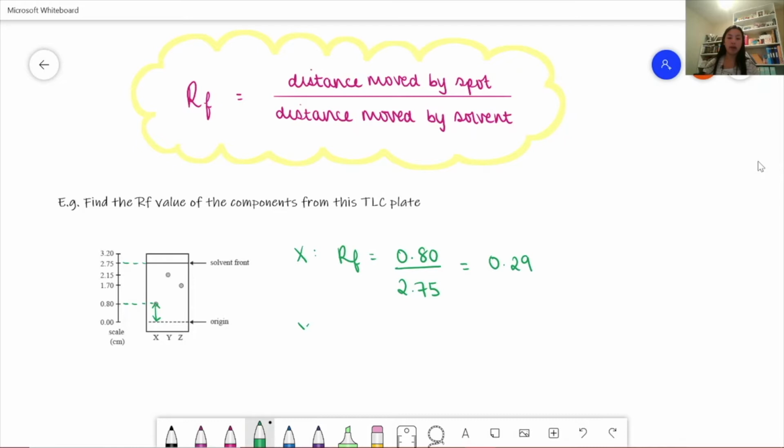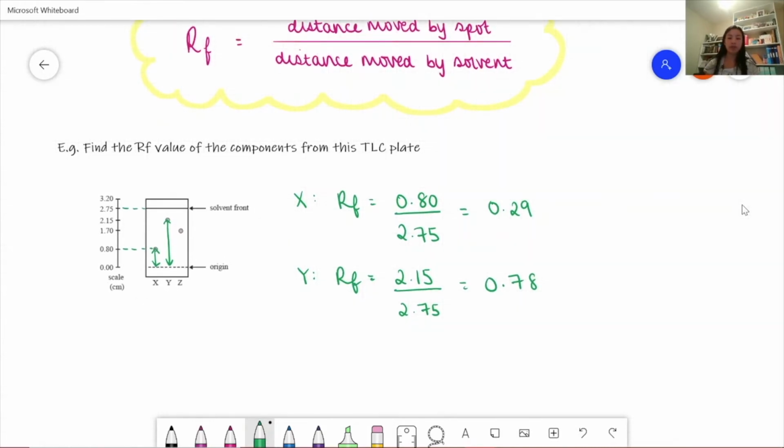And then for y, we have the RF is equal to the distance between the middle of the spot and the origin. So that's 2.15 over 2.75, and this is equal to 0.78. And then finally for z, we do the same thing.